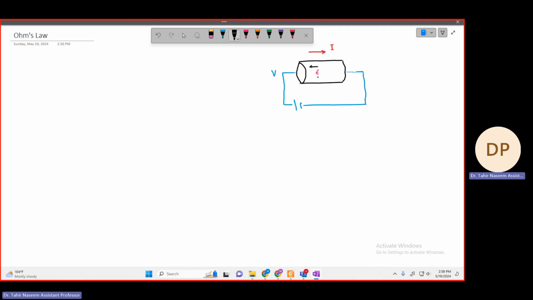So this is the direction of electronic current, but conventionally we say the charges are moving in this direction, right? So this is conventional current. Ohm's law states that the applied potential difference is directly proportional to the current flowing through the material.